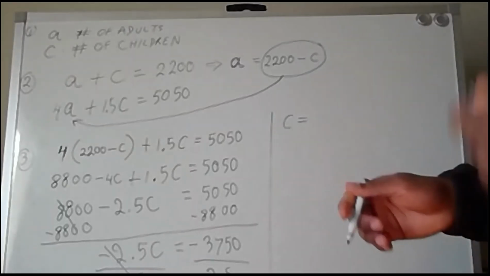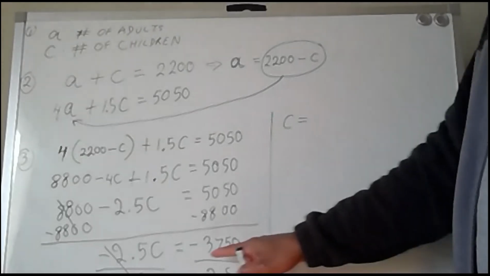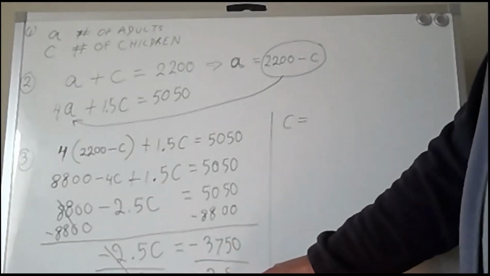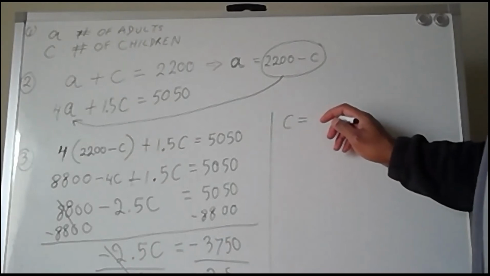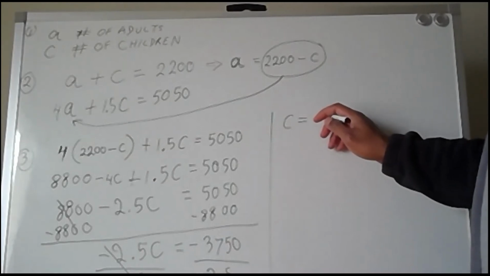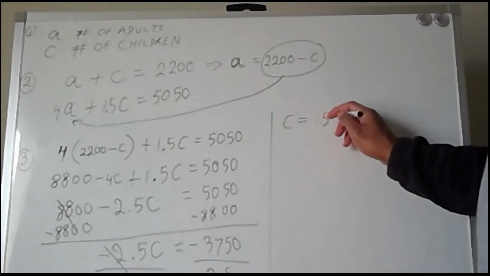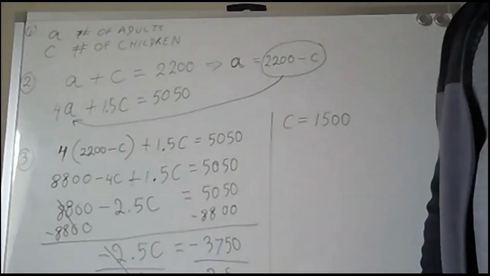All right, guys, so when you divide negative 3,750 by negative 2.5, you should get positive 1,500. You should get C is equal to 1,500.